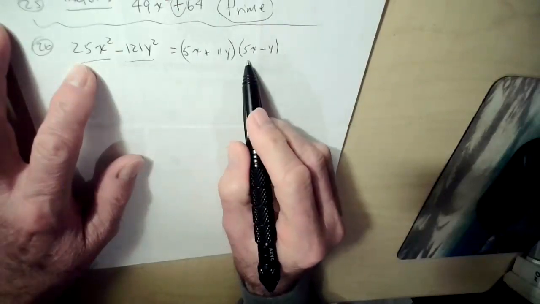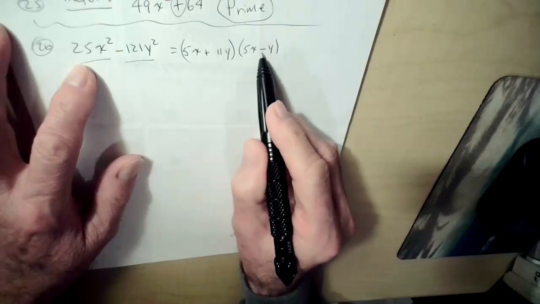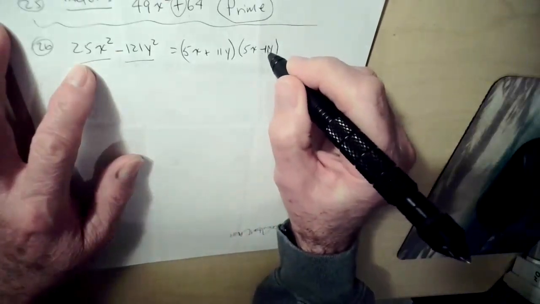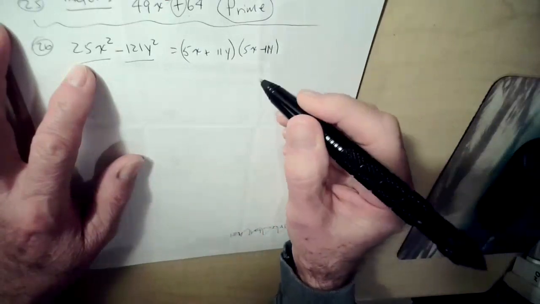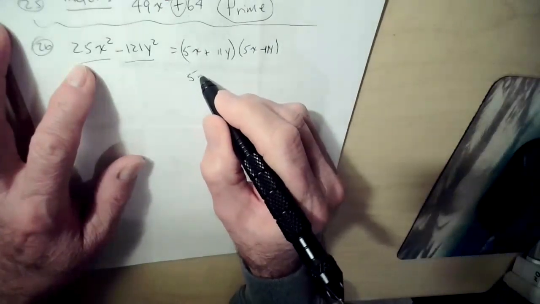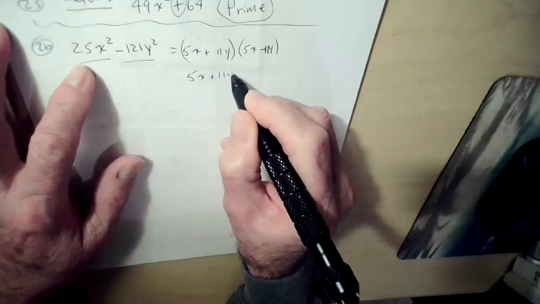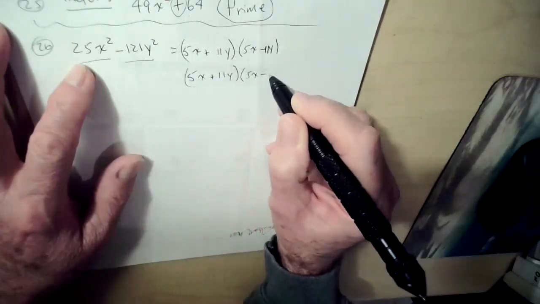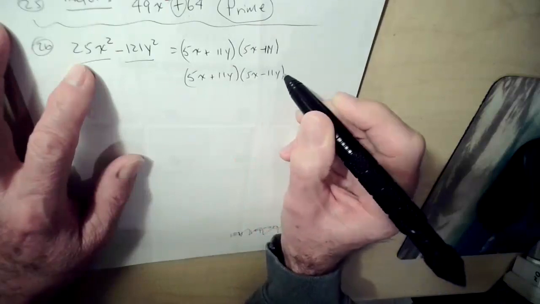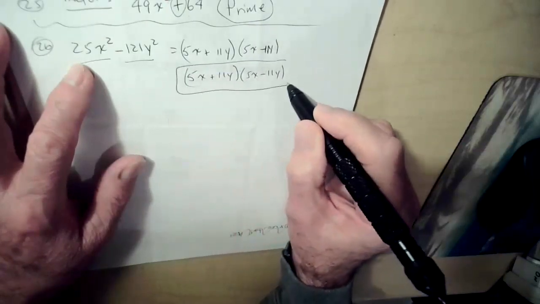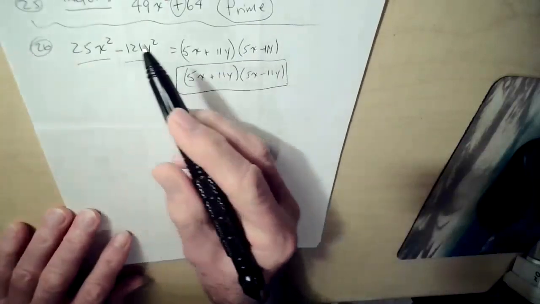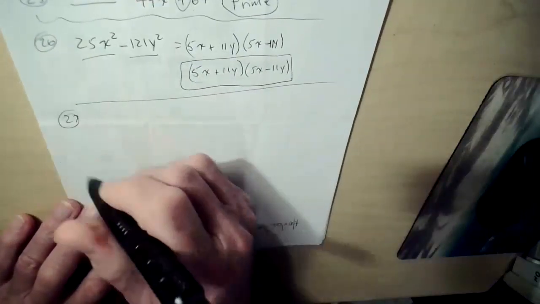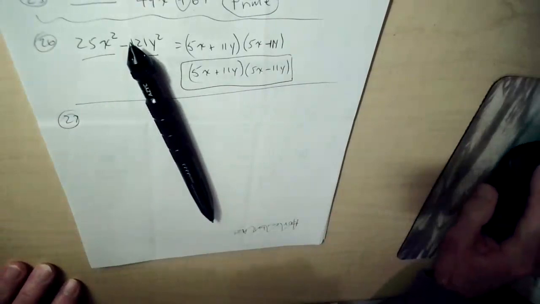Okay, so these two terms are the same, except one's positive and the other one's negative. Let me rewrite it. 5x plus 11y times 5x minus 11y. Okay, the difference of two perfect squares.